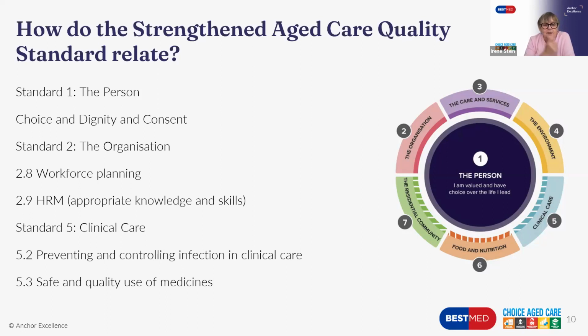And again, this relates to appropriate knowledge and skills for all staff involved in medication delivery and management. We then move on to Standard 5 in the new context. 5.2, preventing and controlling infection in clinical care, and 5.3, safe and quality use of medicines. I'm now going to hand back to Chris.